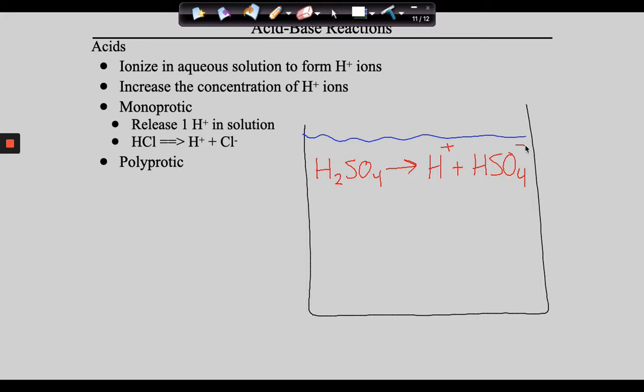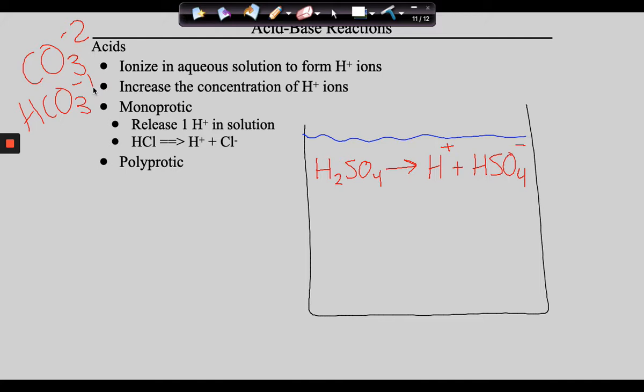Watch. Tell me the name of SO4. Sulfate. Guys, when you add a hydrogen to that, its name changes to bisulfate, just like bicarbonate. So carbonate is CO3 minus 2. Bicarbonate is HCO3 minus 1.